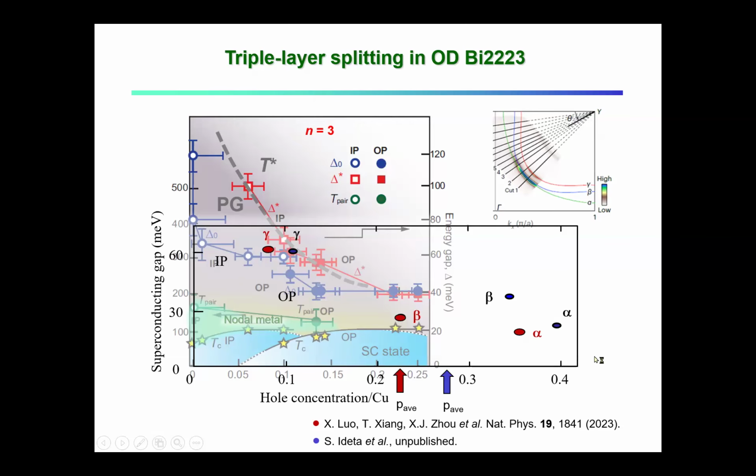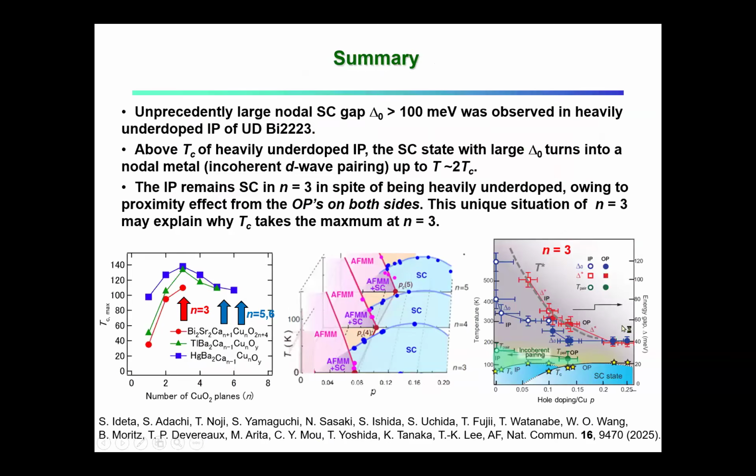So there, all the data look consistent: with decreasing hole concentration, the gap increases. The two-layer splitting and its absence may be related to a point below which we saw only two Fermi surfaces, and beyond this, there are three Fermi surfaces.